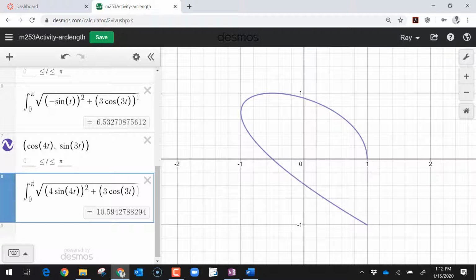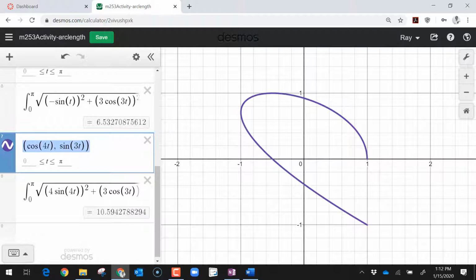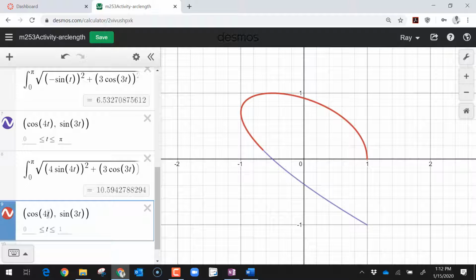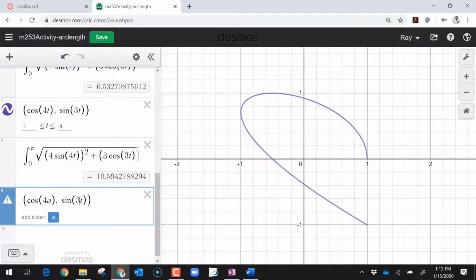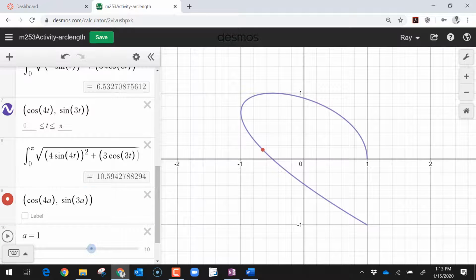And then the integral that I got was 10. So something's wrong here, at least visually, as I was looking at it. That didn't look right. It turns out, you guys know what's wrong? It goes backwards and goes over itself.